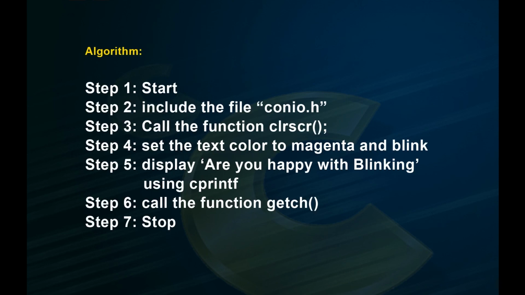The algorithm is step 1, start, step 2, include the file conio.h, step 3, call the function clrscr, step 4, set the text color to magenta and blink, step 5, display "are you happy with blinking" using cprintf, step 6, call the function getch, and step 7, stop.